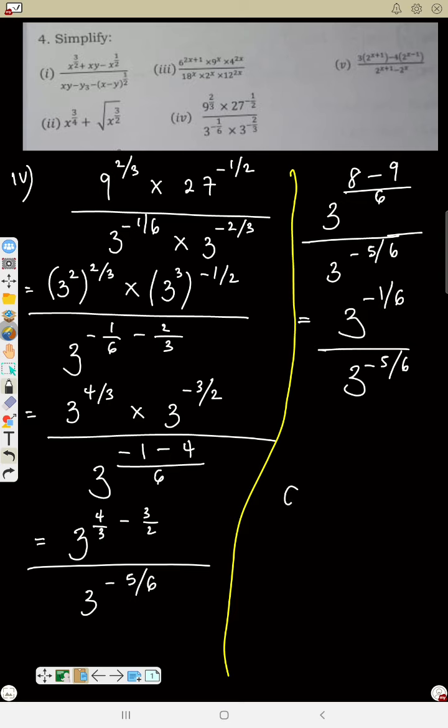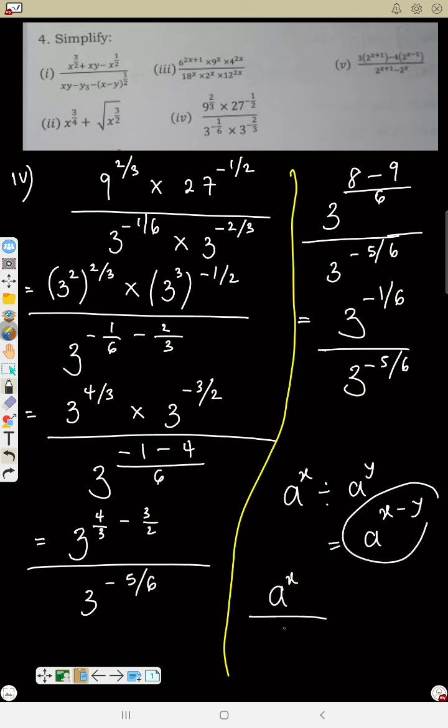In law of indices, a raised to power x divided by a raised to power y is equal to a raised to power x minus y. Or if I say a raised to power x divided by a raised to power y is still a raised to power x minus y. So I will apply the law here.